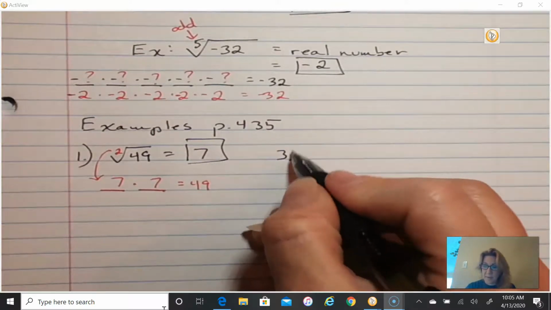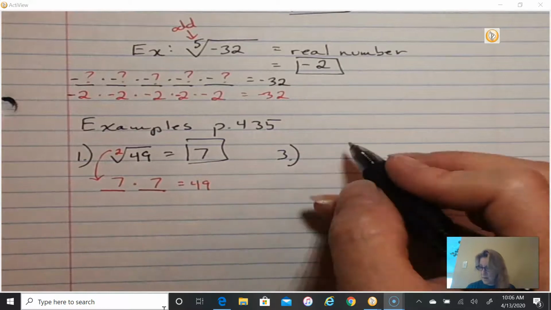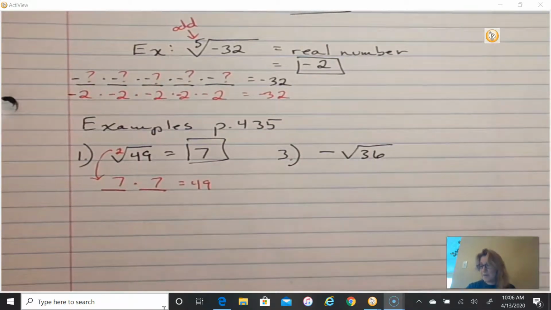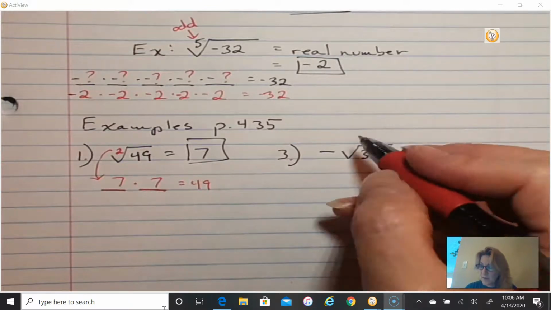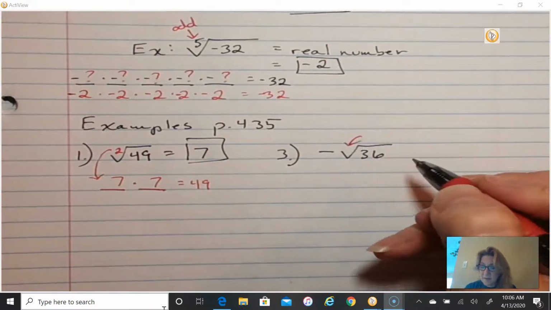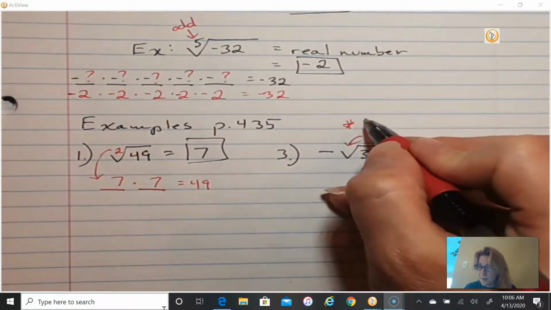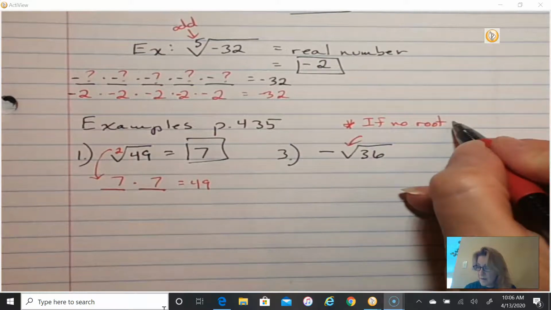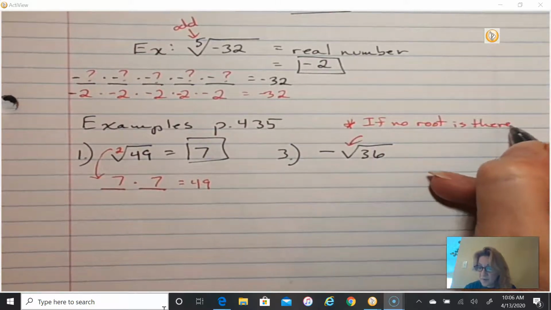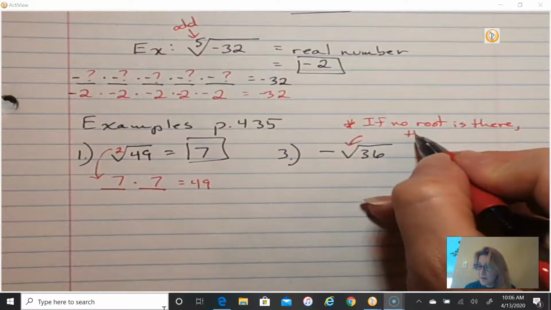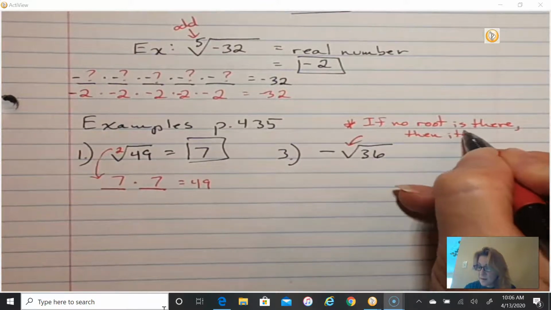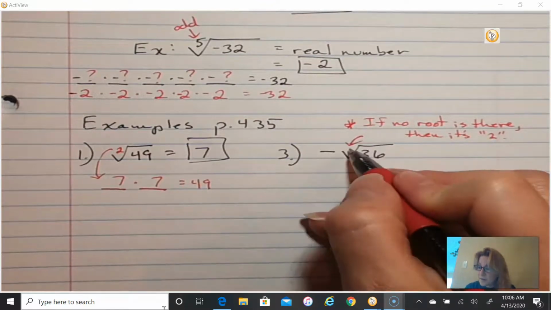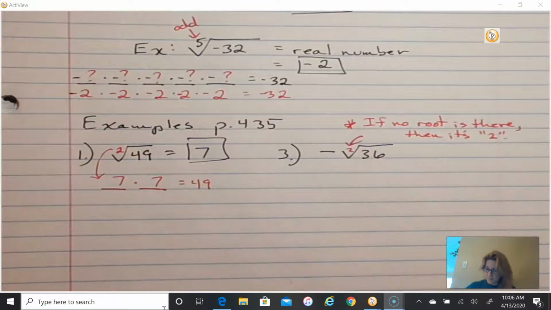All right, number 3. Negative square root 36. There's nothing there. So if no root is there, what do we pretend? Then it's a 2. I want to write this down so you don't forget. So we're going to pretend there's a 2 there.